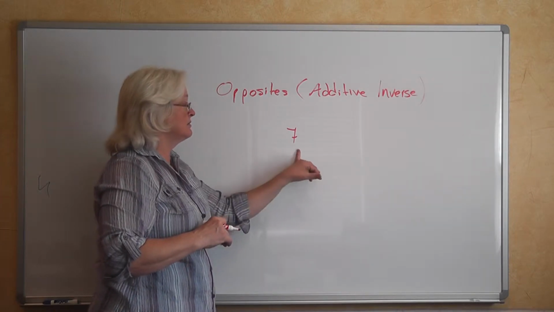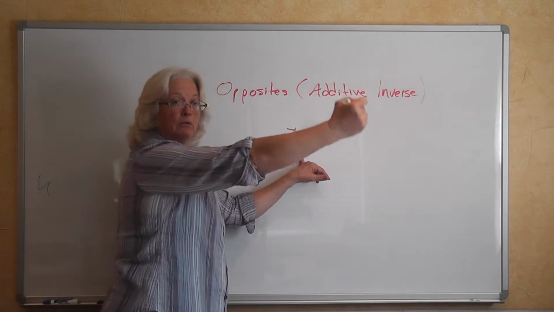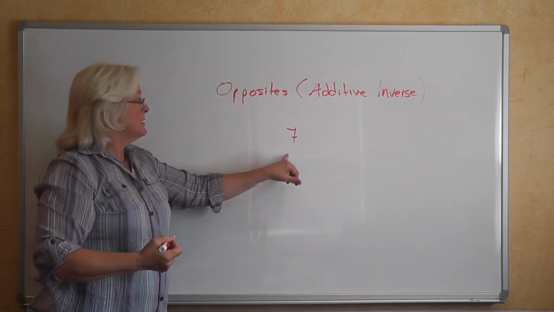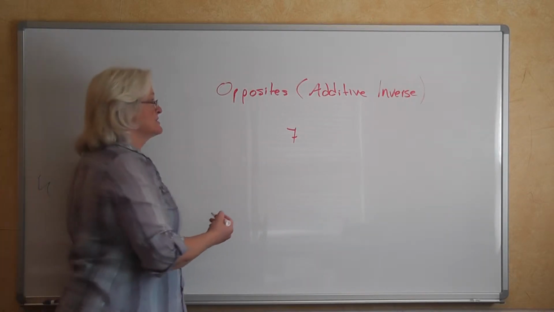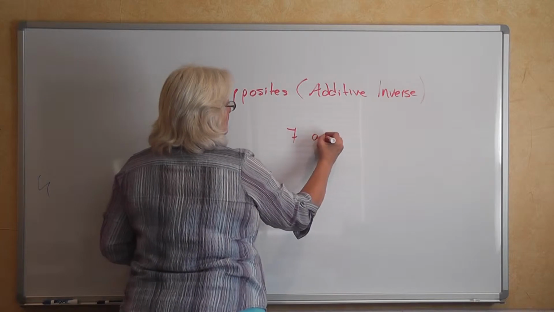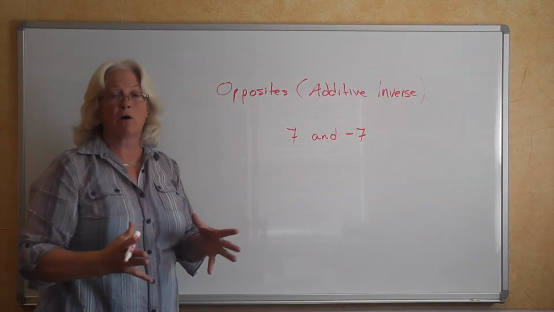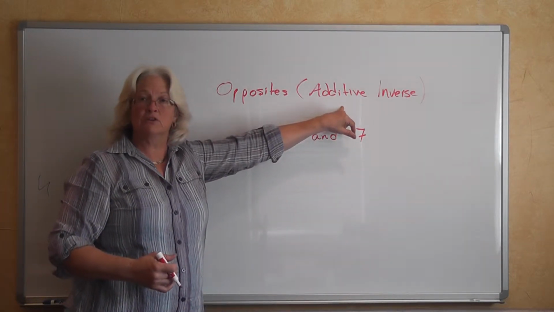So if you start at 0 and you have 7 units from 0 towards the right, what's the opposite going to be? Well, it's 7 units from 0 in the opposite direction, so it's a negative 7. So 7 and negative 7 are opposites. 7 and negative 7 are additive inverses.